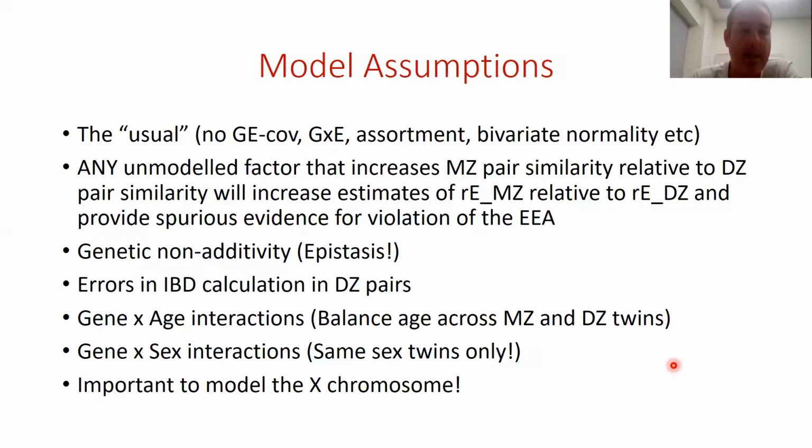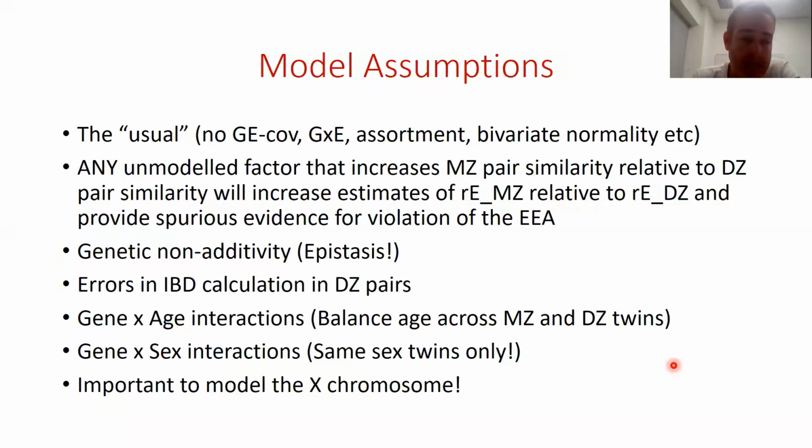For example, if there are other forms of genetic non-additivity, and I'm particularly thinking about epistasis, that's going to be problematic for this model. It's also worth thinking of things like errors in your IBD calculation of DZ pairs. That would be problematic. If you've got gene by age interactions, maybe you want to balance age across MZ and DZ twins.